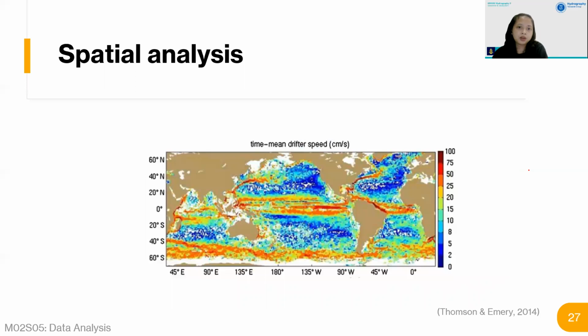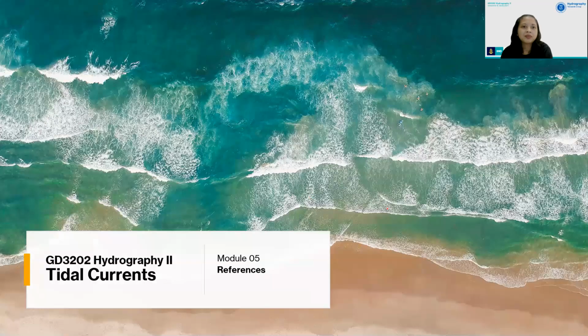And this is how it looks when you plot the data. It's very interesting to see how the current speed in here is a lot more than what happened in here. And of course, you know what it is, hopefully. And actually, that could also spark a question in your mind.